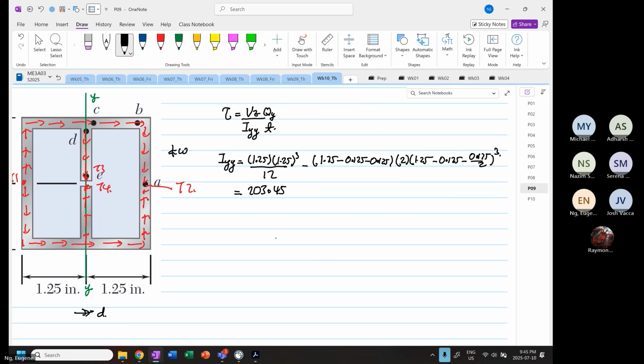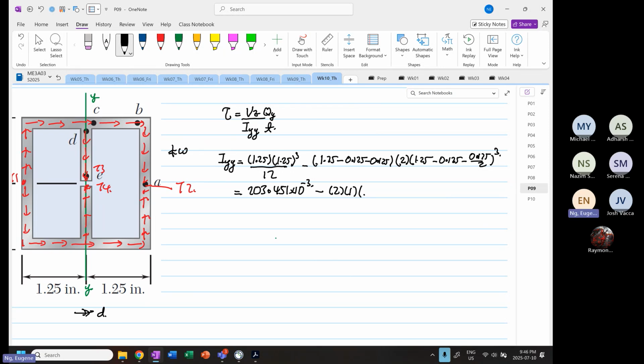So this is equal to 1.25 times 1.25 to the power 3 divided by 12, which is 203.451 times 10 to the power minus 3. Let me do it again. The width is 1, and then the depth is 1.25.